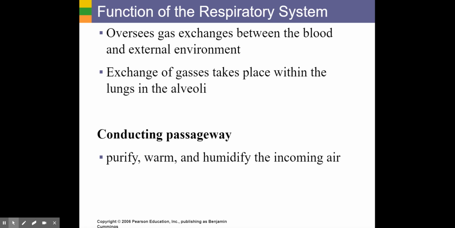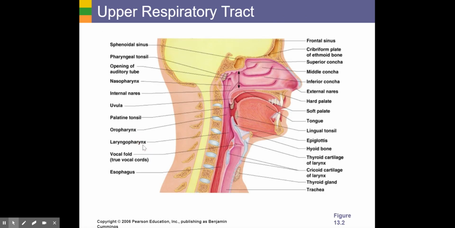Warm air is easier to exchange substances within than cold air because the molecules are further apart. And it also is there to humidify that air. The inside of the lungs needs a somewhat humidified environment to be able to exchange that back and forth because we're essentially exchanging things across tissue. And if it's dry, the membranes themselves will be dry, and then it's harder to exchange that. So those are our basic functions there.